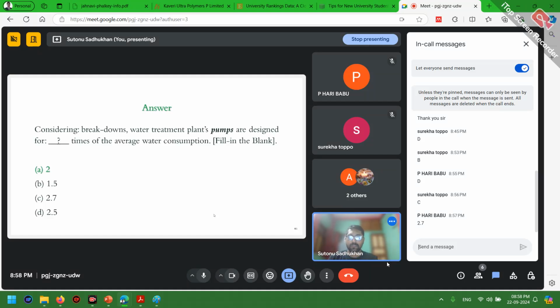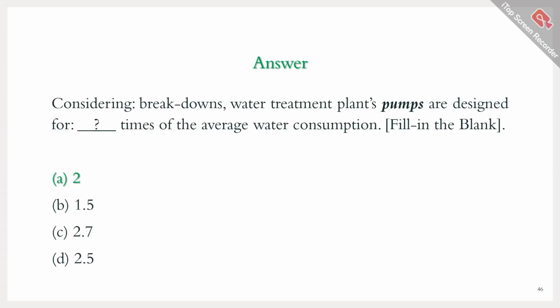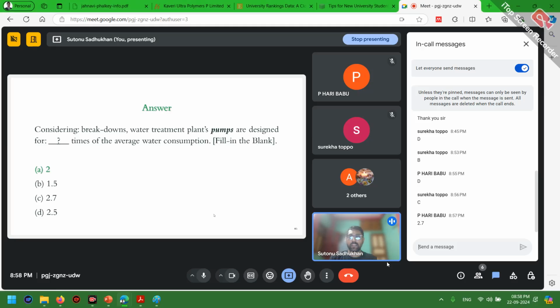Just again recall, whenever there is demand or consumption, then the maximum demand will be 1.5 times the average consumption. Whenever you are designing pumps for a water treatment plant and you are considering the breakdown, then you have to take 2 times the average consumption for design purposes.